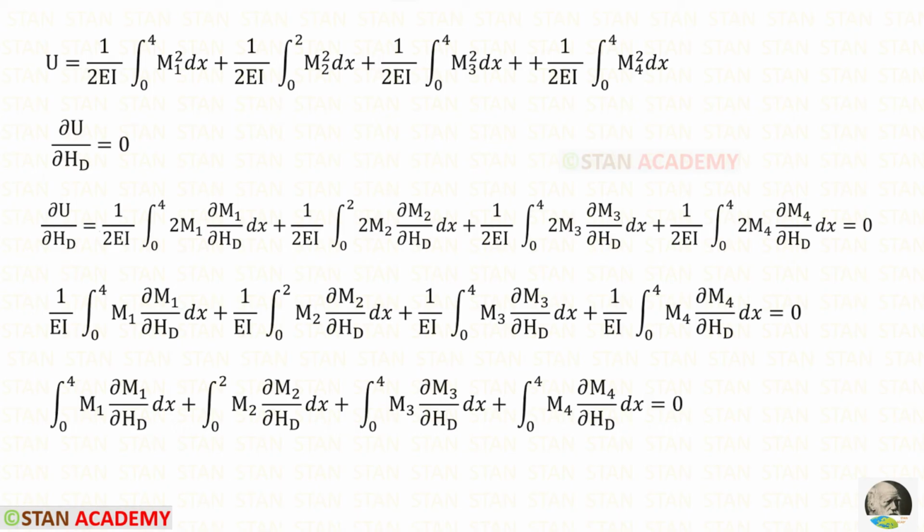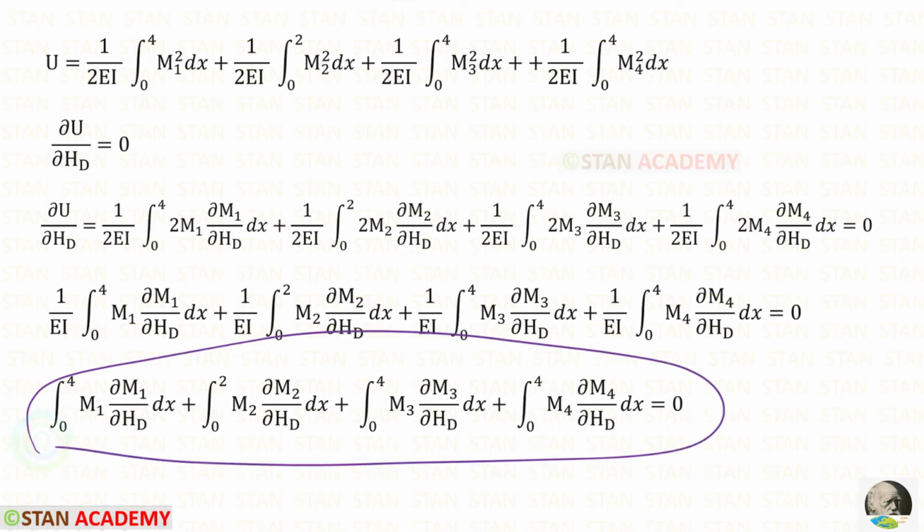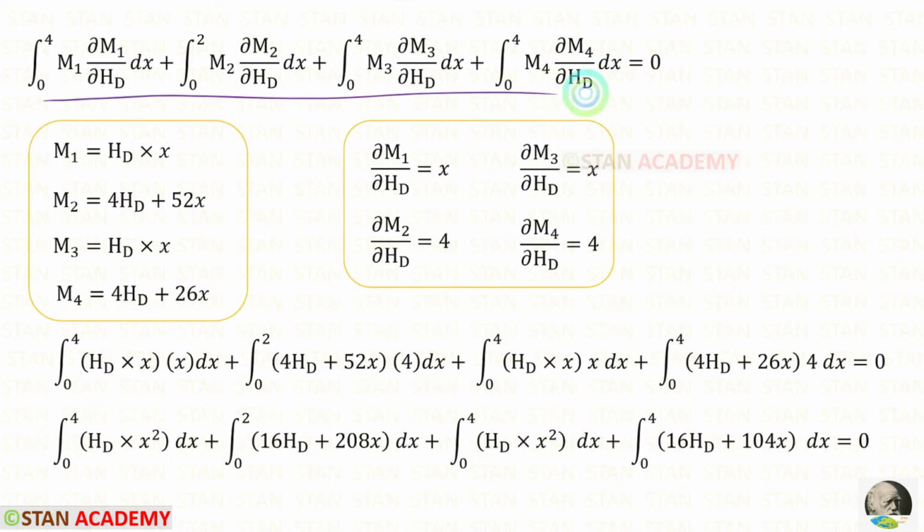Then we can eliminate 2. 1 upon EI is common, we can take it outside, and on the other side 0 into EI will be 0, so we will get this. In this equation, let us apply the moments and the partial differentiations.